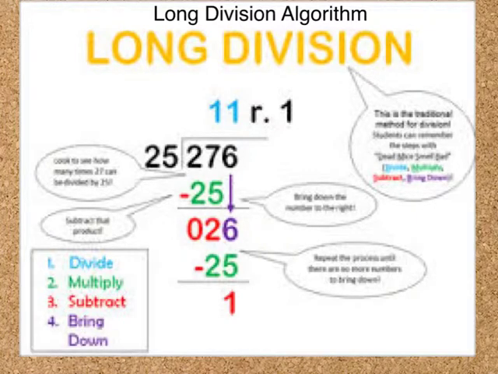And then we multiply. 1 times 25 is 25. Then we subtract that from the 27, leaving us with 2. After you subtract, you bring down the next number on the right, and then you start that algorithm all over again. You go back and you divide again, and then you multiply, then you subtract, and then you bring down.